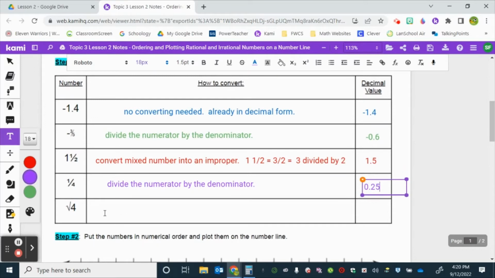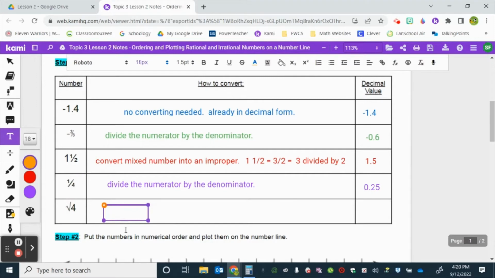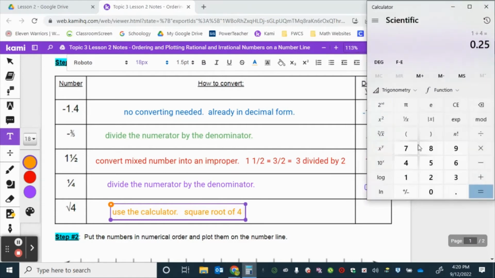And the last one here, the square root of 4, I am going to use my calculator to help me get the value of this square root. If you are using a different calculator and you don't know where the square root button is, then please make sure you ask for assistance. The square root of 4, I'll pull up my calculator here.